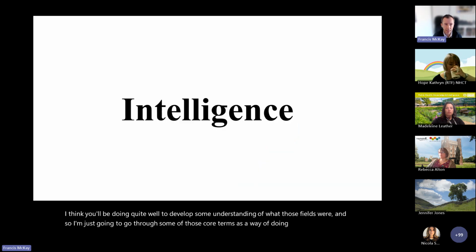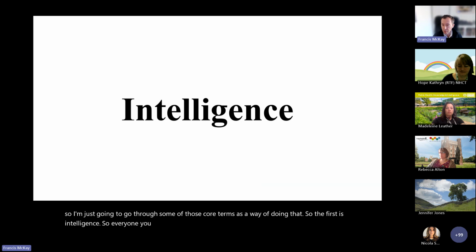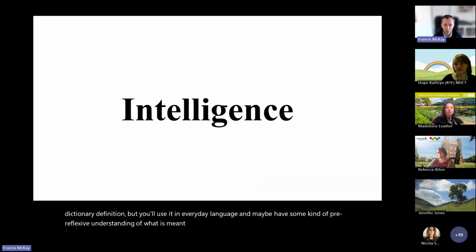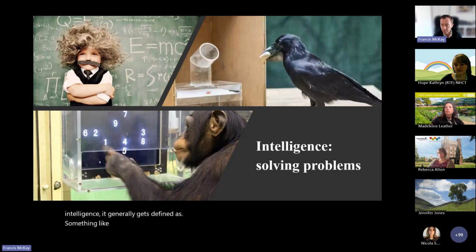So the first is intelligence. Everyone will be familiar with the word intelligence. It might not have an explicit dictionary definition, but you'll use it in everyday language and maybe have some kind of pre-reflexive understanding of what is meant by intelligence. When we're talking about artificial intelligence, it generally gets defined as something like solving problems.